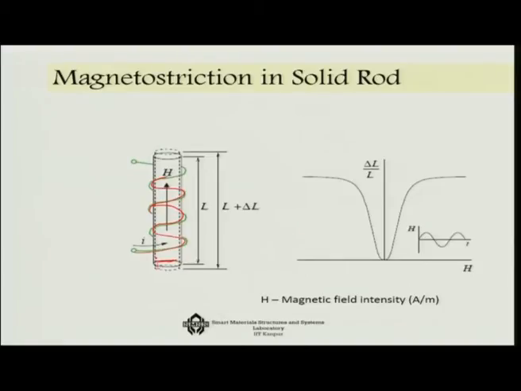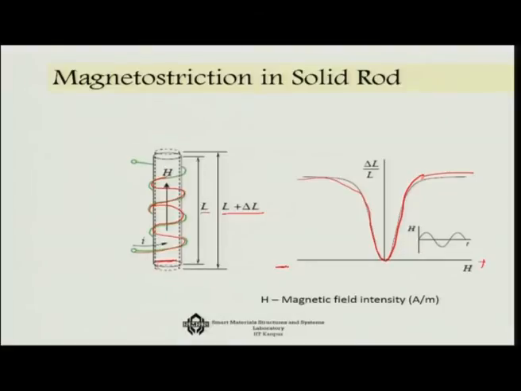Then due to the application of this current, the magnetic field will create an expansion, and the length will become L plus delta L. If you plot this delta L over the length with respect to the change in magnetization, you are going to see that famous butterfly curve, which says that even if we change the magnetic field from positive to negative side, we are still always getting expansion in the system.